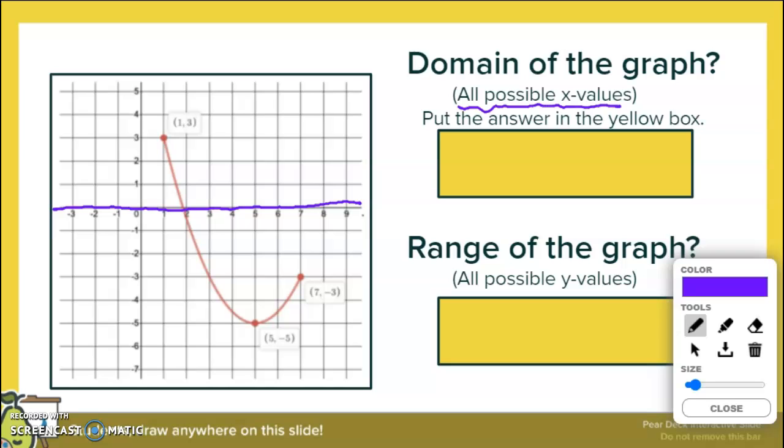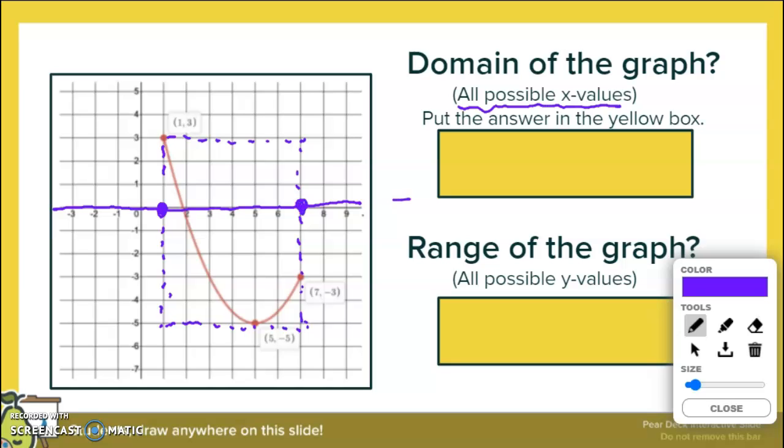What you can do is you can actually draw a box to confine all of your graph, like so, and then figure out where the x value extends on the x-axis. It starts right here and it stops right there. So that's where the box goes.